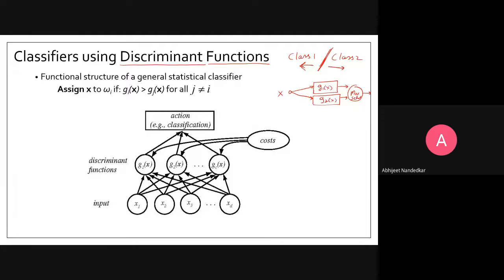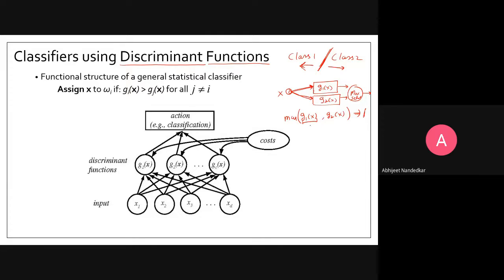The idea is very simple. You have the input here which goes to these two functions. You will calculate g1x, then you will calculate g2x. Whichever value is max, the index of that function is your class.